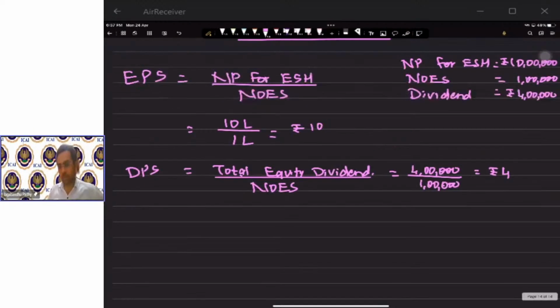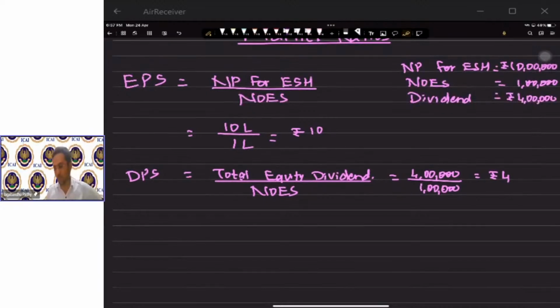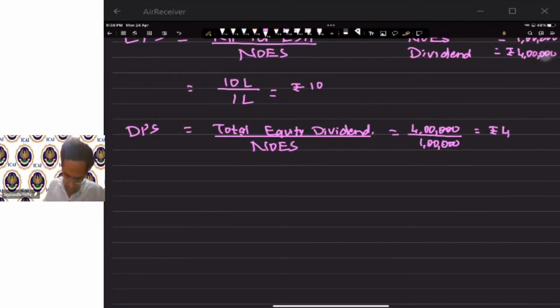Now, if I ask you out of its earnings, what proportion has the company paid out as dividend? What is the proportion of the earnings of the company which the company has paid out as dividend? What percentage of income is paid out as dividend? It is the dividend payout ratio.